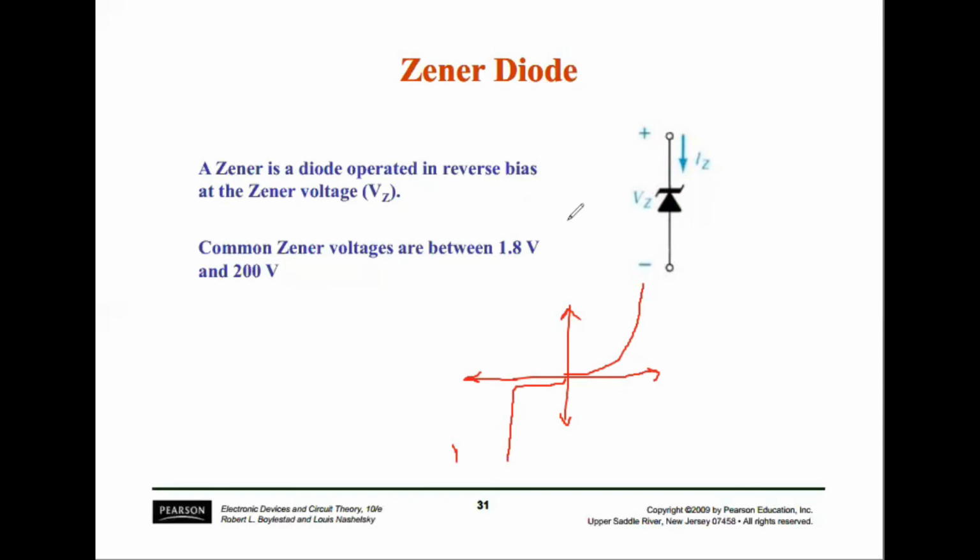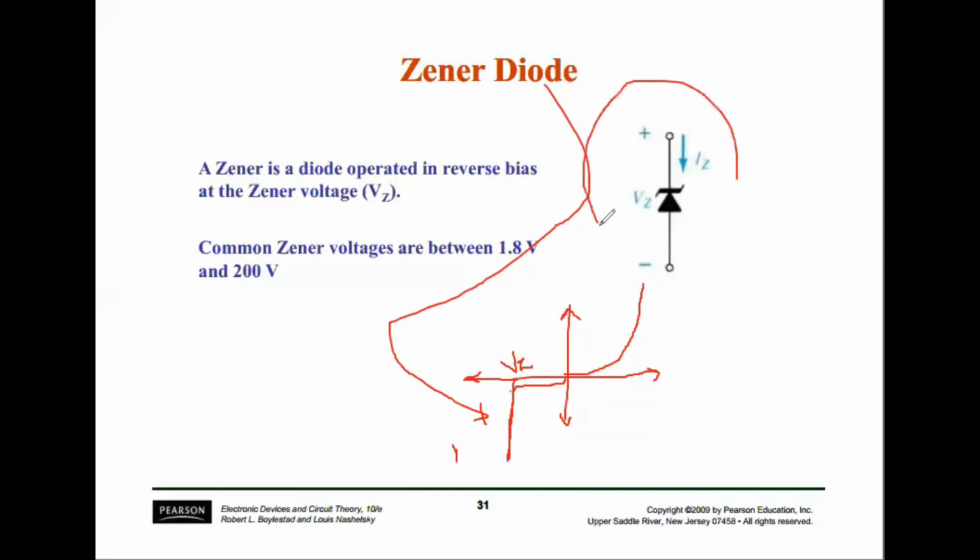This Zener diode works in this region, and the application of this Zener diode is as a voltage regulator, because here you can see that when the current suddenly increases, the value of voltage will remain constant here. This is V of C. So this characteristic of this diode is used in a voltage regulator circuit. We will study it in later chapters.